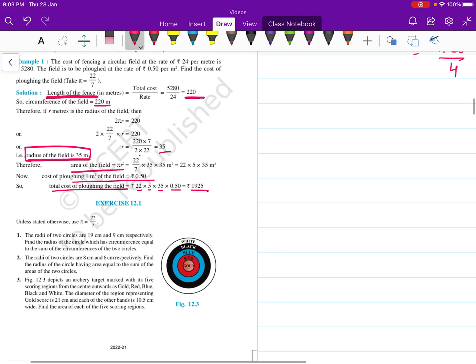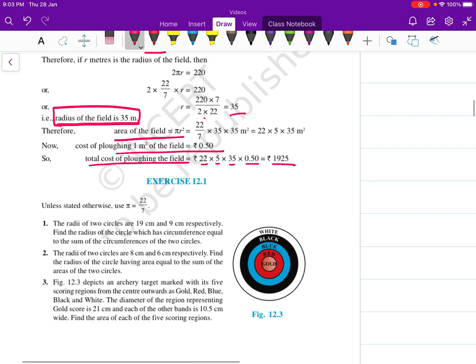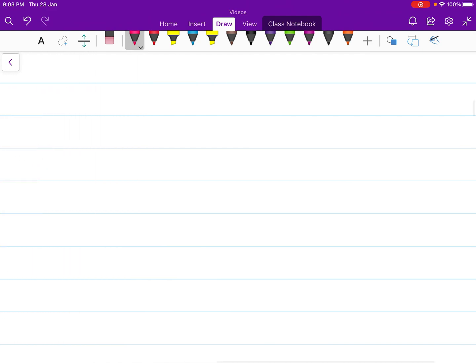Exercise 12.1. Question 1. The radii of two circles are 19 cm and 9 cm respectively. Find the radius of the circle with the circumference equal to the sum of the circumferences of the two circles. So let us solve it.